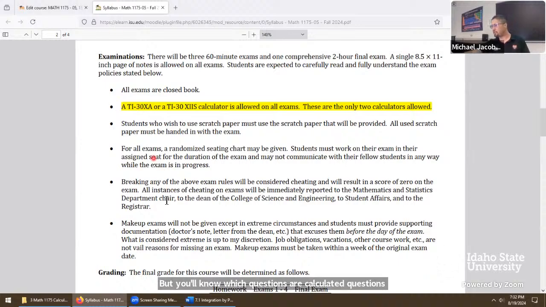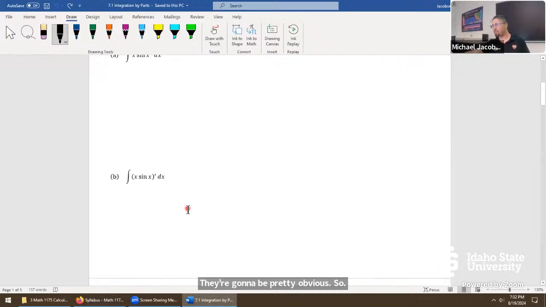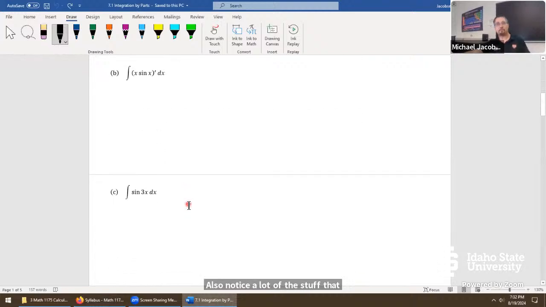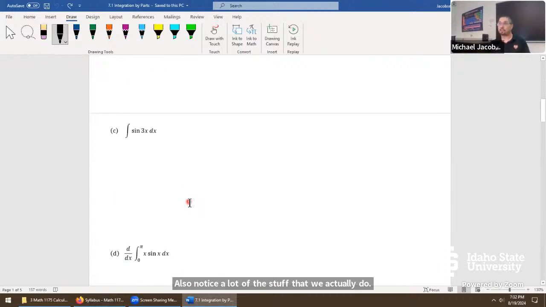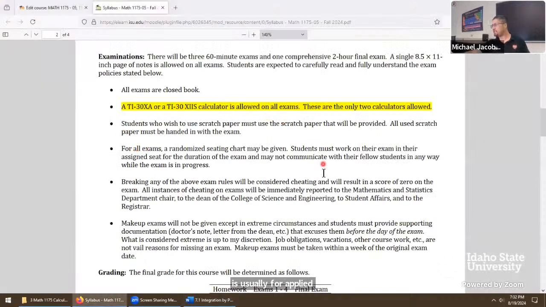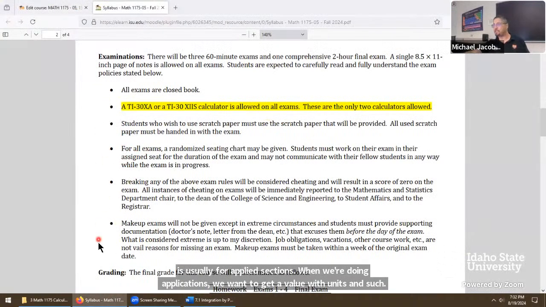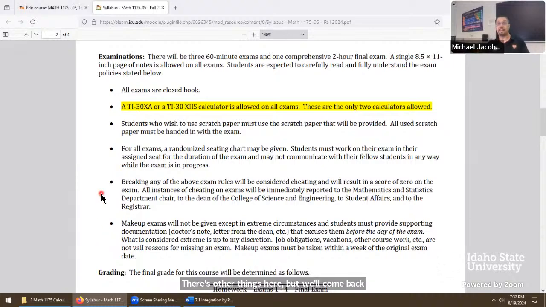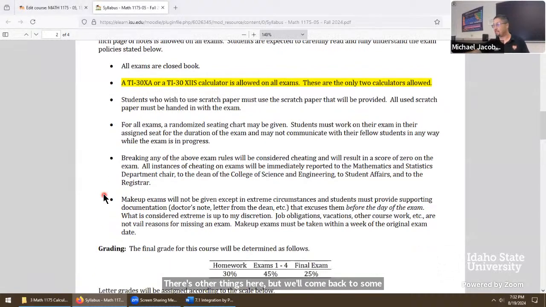You'll also notice a lot of the stuff that we actually do, I never really pull out a calculator. So the calculator is usually for applied sections, when we're doing applications, we want to get a value with units and such. There's other things down here, but we'll come back to some of these as they're needed and as we get closer to the exam date.